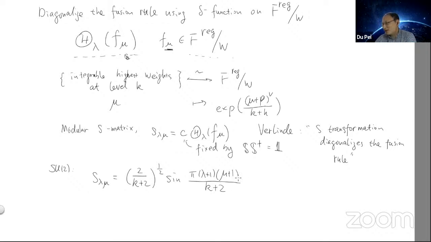So 2 is the dual Coxeter number for SU2. A general feature of the S matrix is that it's symmetric. So indeed, you see that this formula is symmetric between lambda and nu, although the right-hand side of this equation is not obviously symmetric under exchange of lambda and nu.